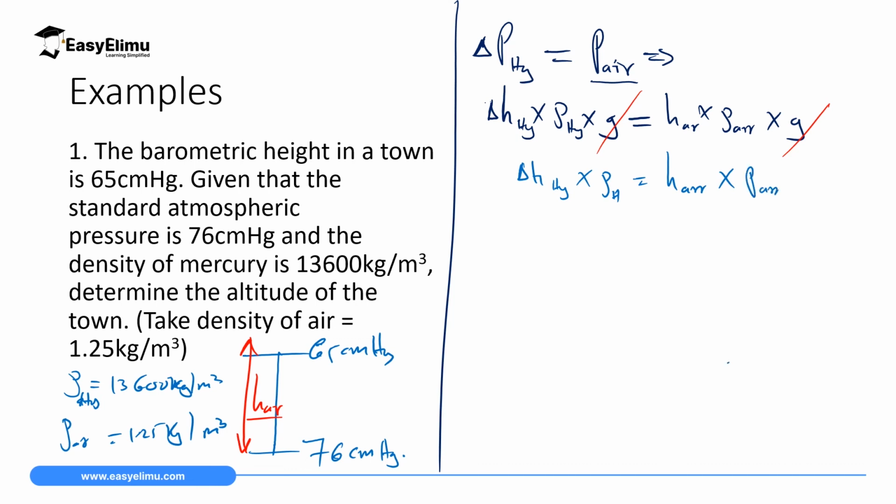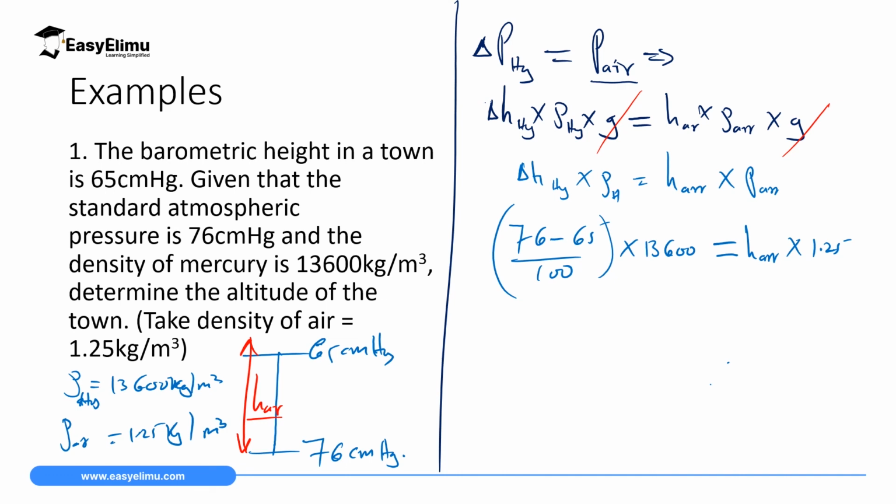Then in this case, do we know the change in height of mercury? Yes, 76 minus 65 over 100 to convert to meters, then times density of mercury, 13,600, is equals to height of air, which we don't know, times density of air, which is 1.25 kilograms per cubic meter.